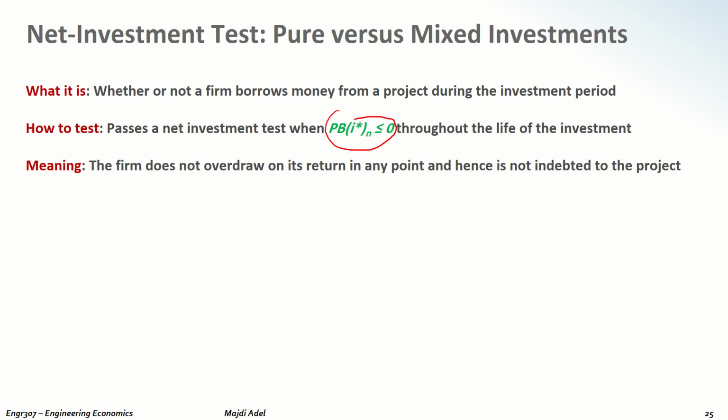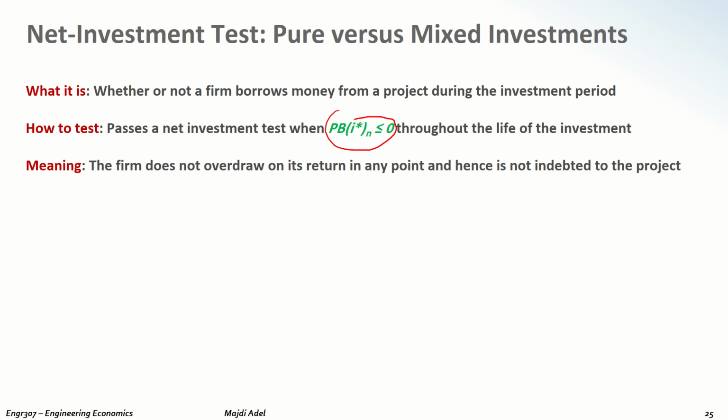What does this mean? The firm doesn't overdraw the money from the project to make its project balance in debt, بحيث انها تخلي المشروع يكون مديون للشركة.